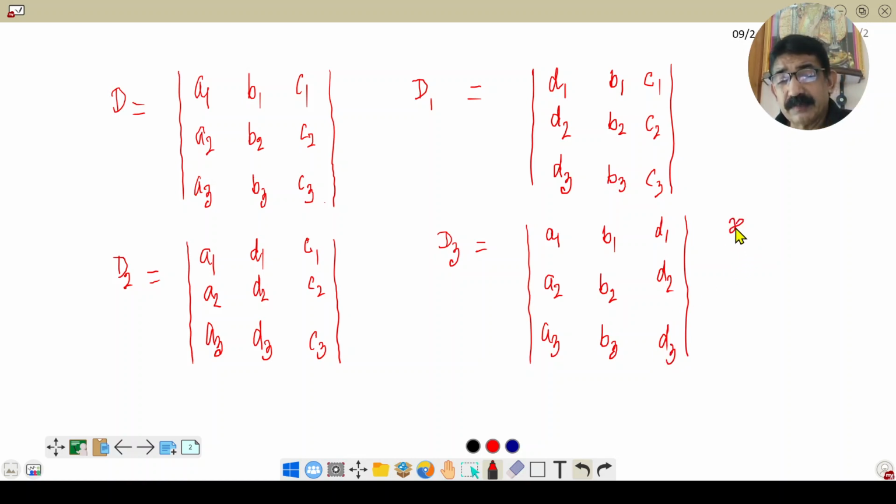X is equal to D1 by D. Similarly, Y is equal to D2 by D, and Z is equal to D3 by D. So these are the solutions of X, Y, and Z. And these two pages will give you enough information to solve the problems of Kirchhoff's law.